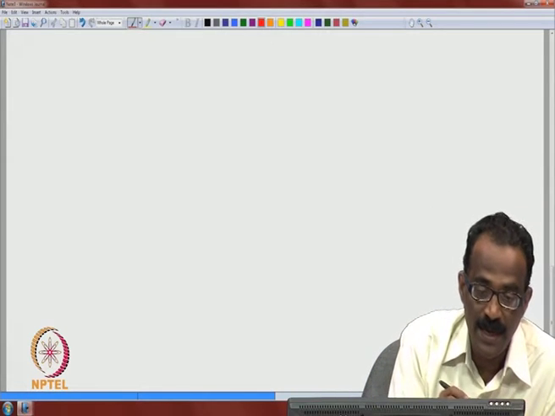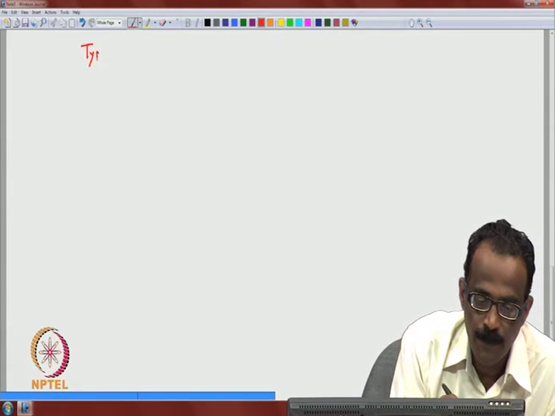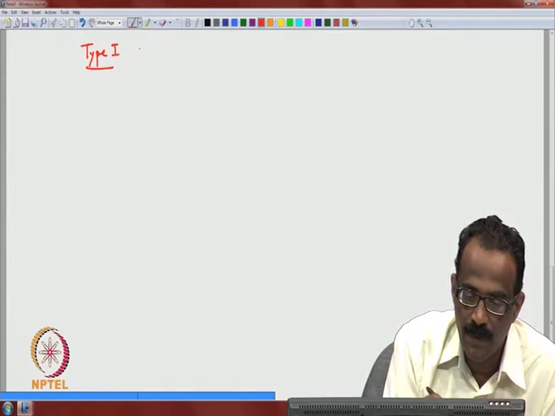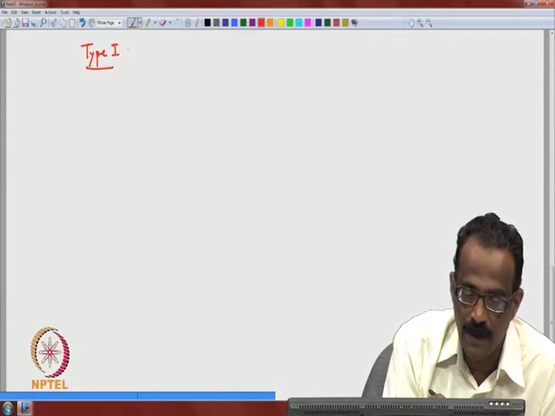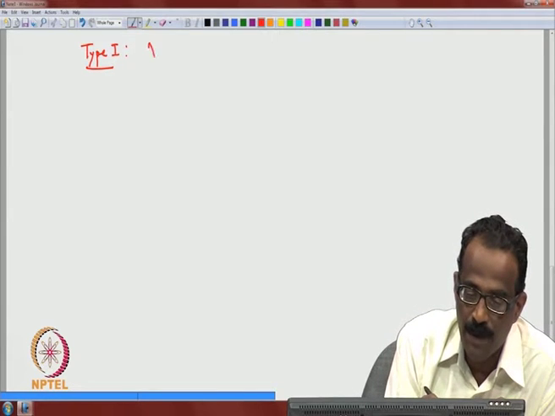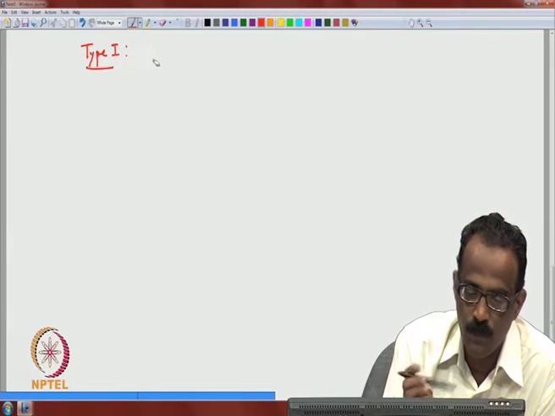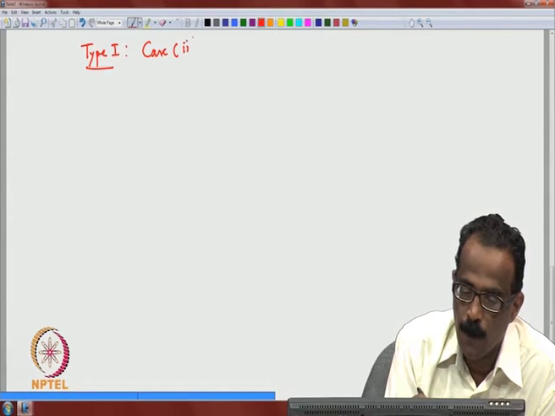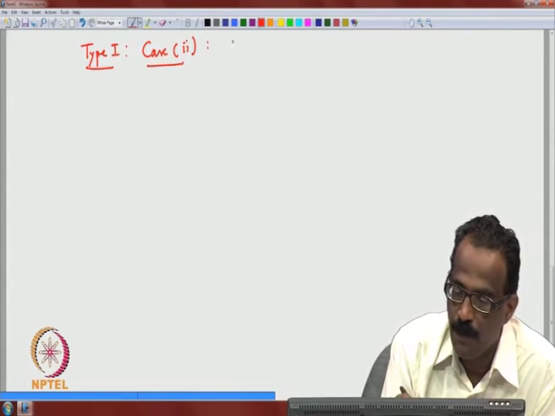So, now go to type 1 again with lambda mu, case 2, with lambda mu positive.